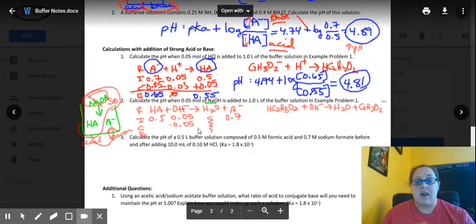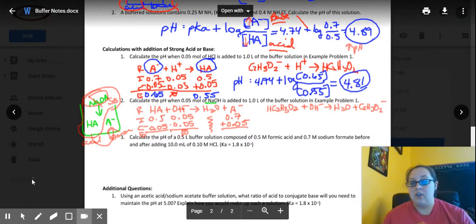Now, we're going to get rid of all of this sucker. That is what our objective as a buffer is to do. Now, when we do that, we have to kind of sacrifice some of these HAs to do that. So we're going to decrease by the same amount we reacted with. Why is that the case? It's because it's all a 1-to-1-to-1 ratio. We're going to increase this A minus amount by 0.05.